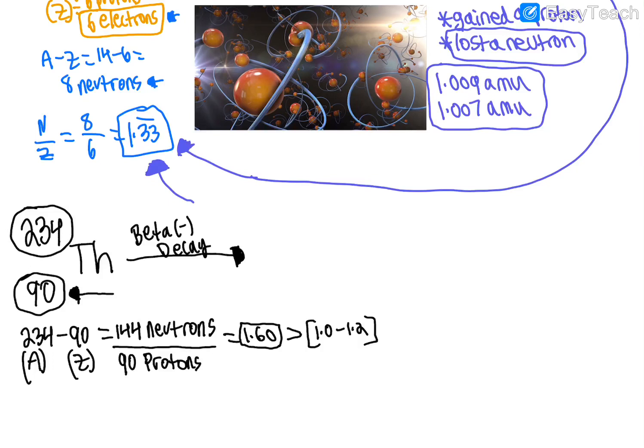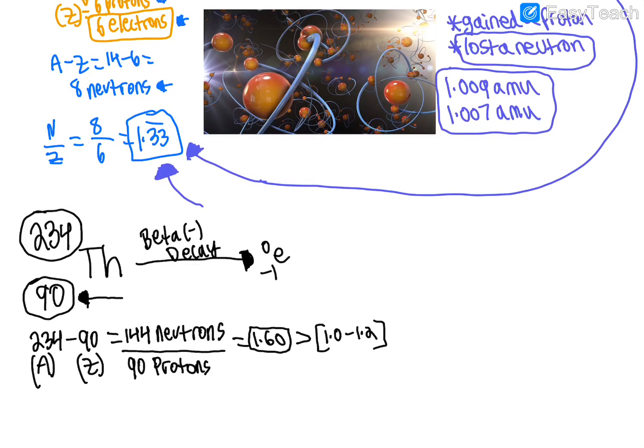All right, so again, the same thing's going to happen. A neutron in the nucleus of thorium-234 will eject an electron. And by the way, to tell what this notation means, the bottom number represents the charge of -1, which we know is the charge of an electron.